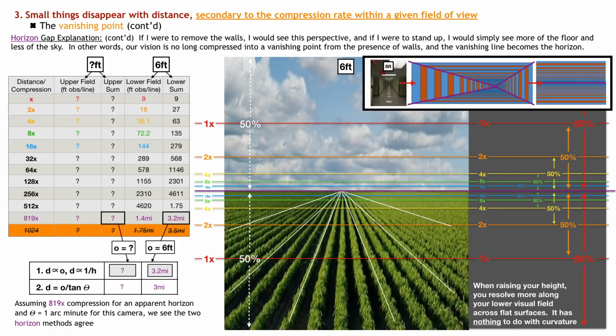So if I sum what I'm seeing within that first iteration as 9 feet, and another 18 feet within the next iteration, my sum is now 27 feet as far as distance away from the observer. I keep doing that, and what you'll find is that at 819x, in this particular case, I can see from a 6-foot observer roughly 3 miles away, which again is what we can calculate with the angular resolution limit for an observer at 1 arc minute.